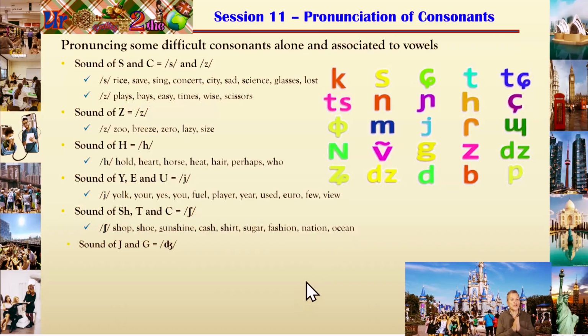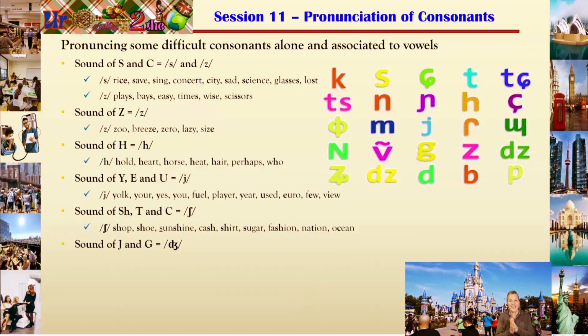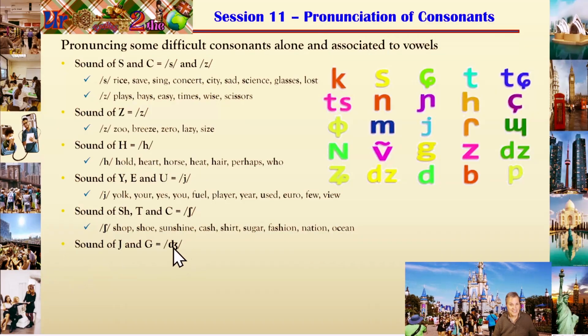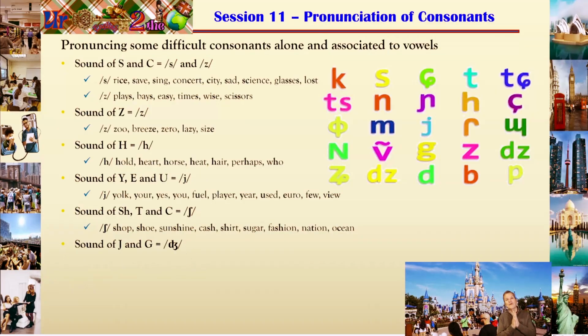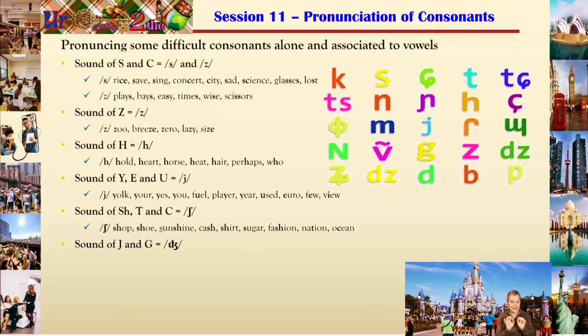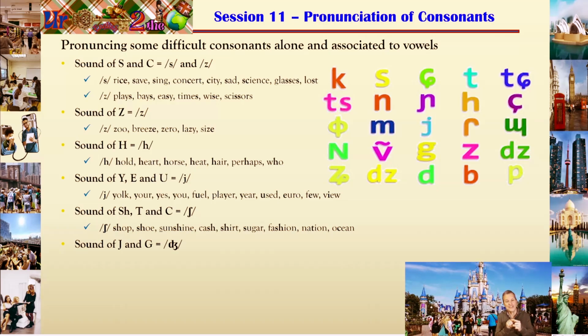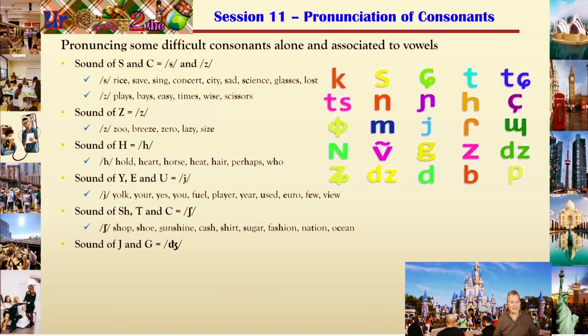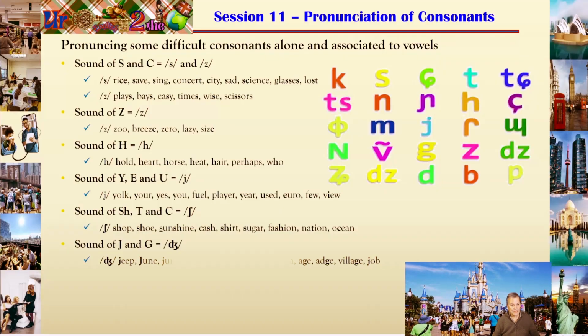And we continue with the sounds of J and G, which sound like this symbol, a combination of the letters D and J, right? You start with D and you continue with G. Combination of the letters D and G. Let's see some examples.